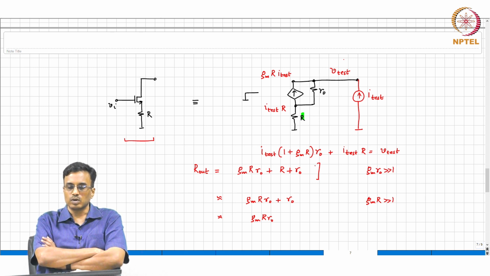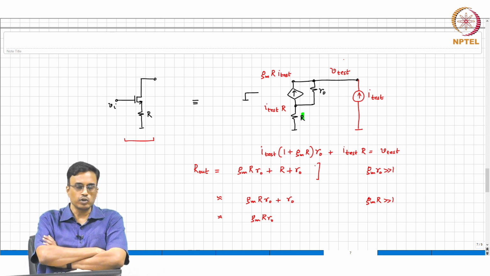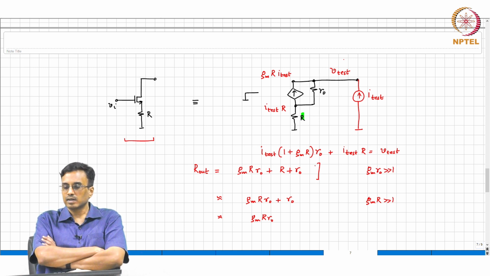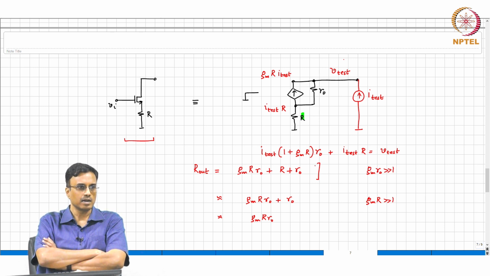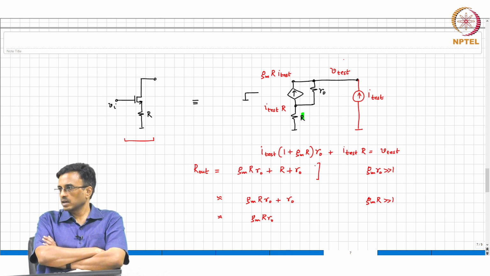If R tends to 0, what should you get? You should get small r naught, that is indeed correct. And if small r naught tends to infinity, you must get infinite again, correct. All those cases we have seen earlier.